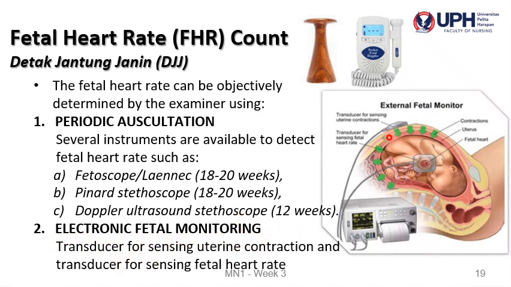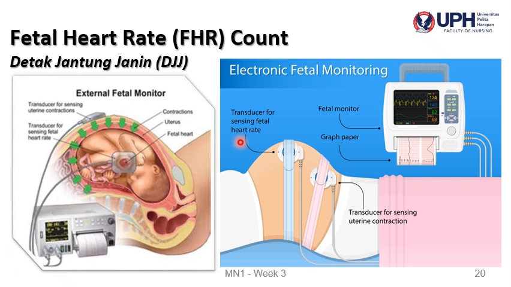So we have one transducer sensing the uterine contractions, and one sensing the fetal heart rate. You have the monitor, and then you have the graph paper that will show you the contractions and then the baby's heart rate.